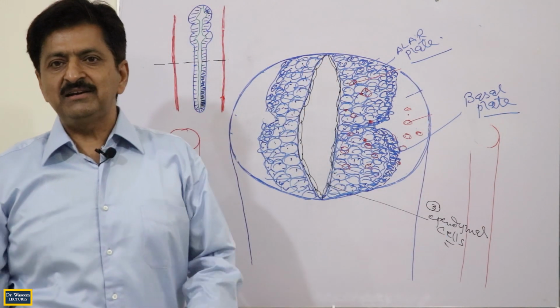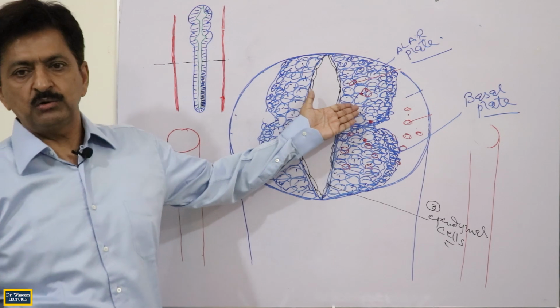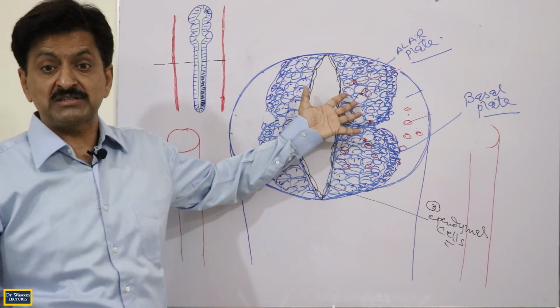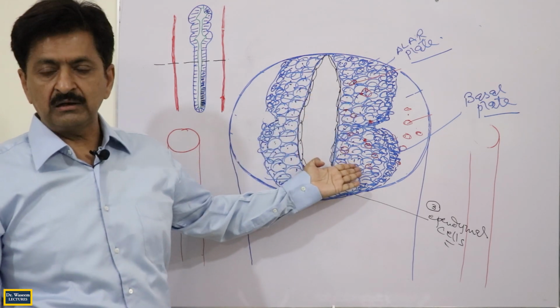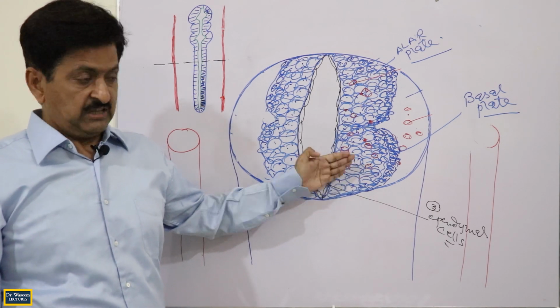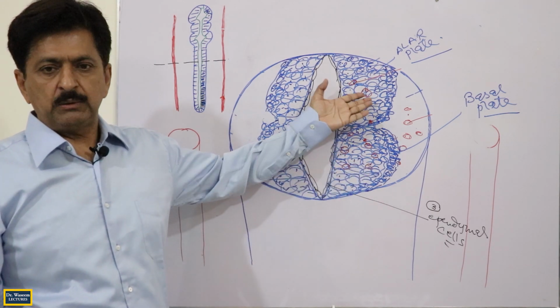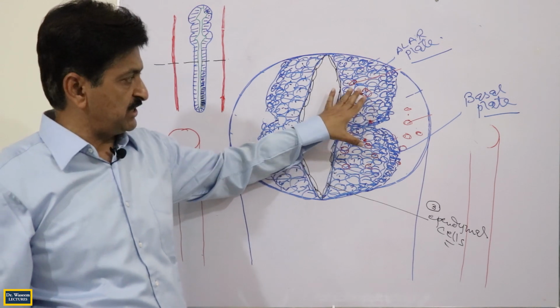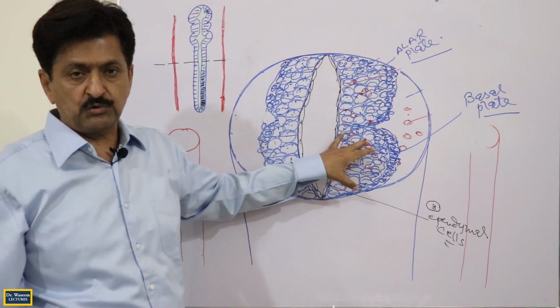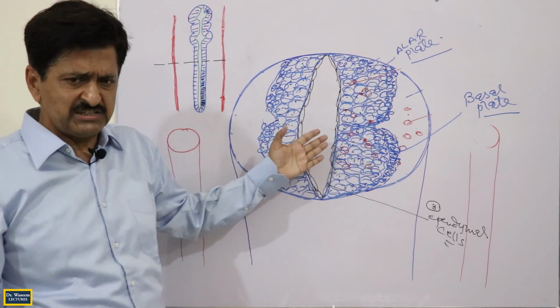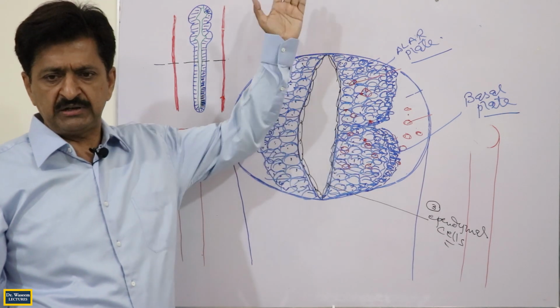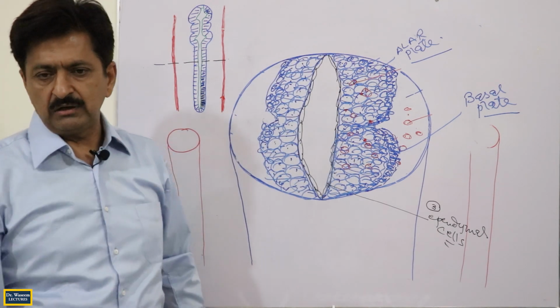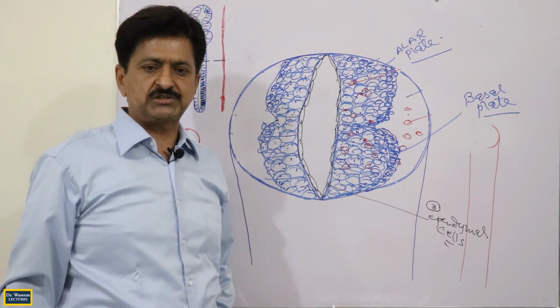So alar plate and basal plate: these are your future sensory neurons, and these are the motor neurons. They will perform the motor function and the sensory function. They are sensory neurons within the central nervous system, they are motor neurons within the central nervous system. Here incidentally in the spinal cord, but a similar thing will happen in the rest of the neural tube or the rest of the central nervous system also.